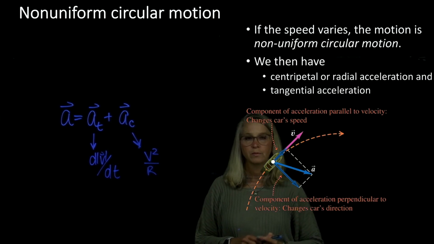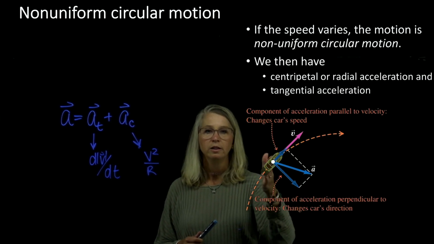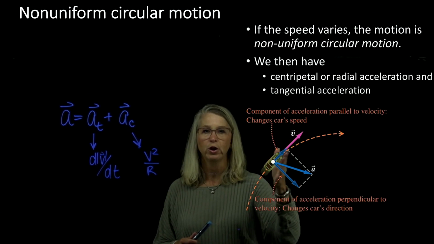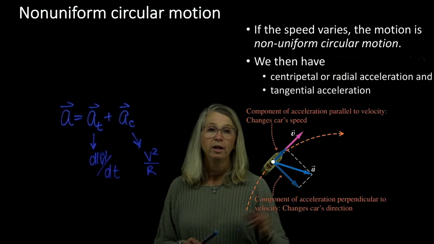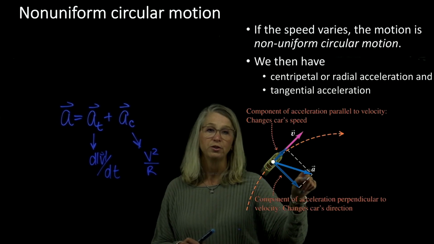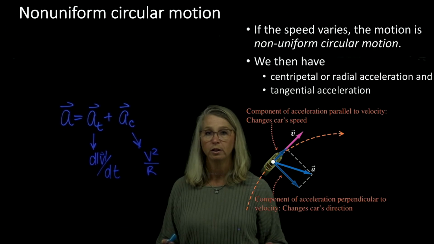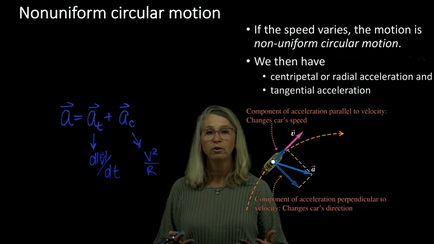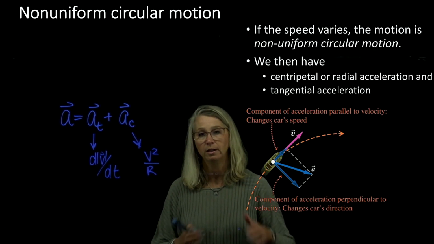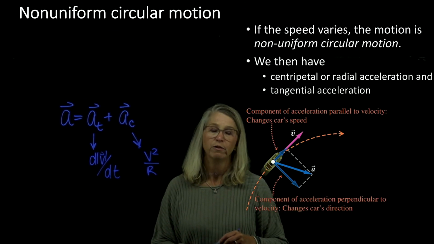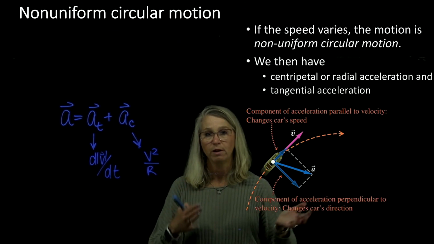and then the centripetal acceleration is equal to v squared over r. Notice in this picture, these two acceleration vectors are perpendicular to each other, and then we see that the resulting acceleration is the one that would complete the triangle, or it could be the diagonal of the parallelogram they make, which is actually a rectangle.